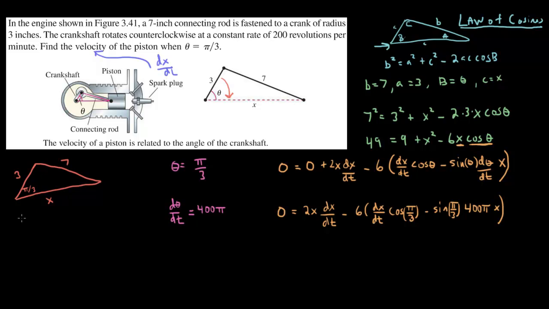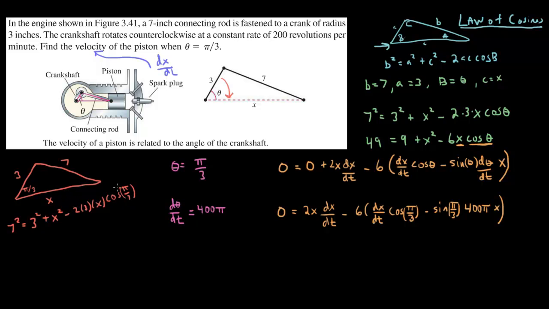We could say that 7 squared equals 3 squared plus x squared minus 2 times 3 times x times cosine of the angle, which is pi over 3. Okay? Let's see here. We can solve this, I think.